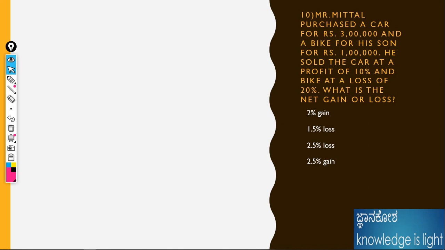Mr. Mittal purchased a car for rupees 3 lakh and a bike for his son for 1 lakh, and sold the car at 10% profit and the bike at a loss of 20%. What is the gain? Purchase means cost price. The cost price of the car is 3 lakh.